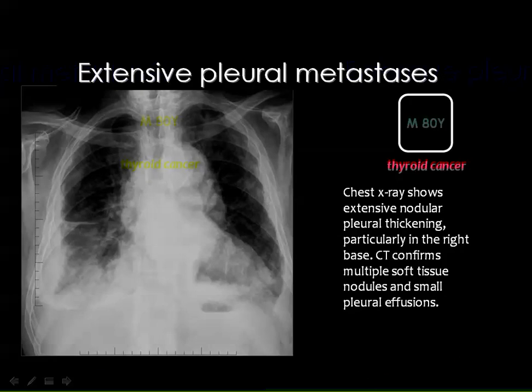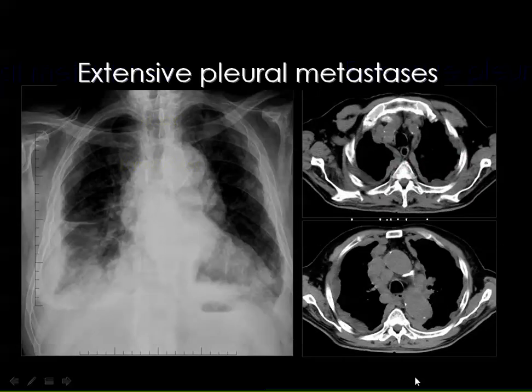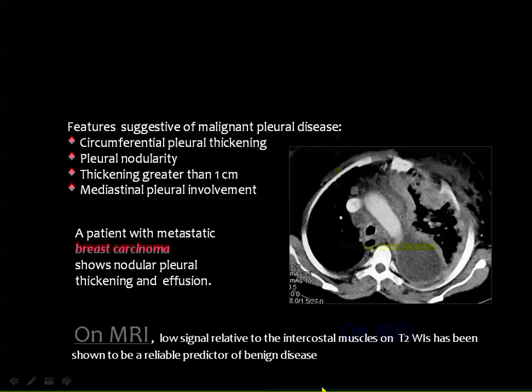Then you see here, this patient is 80 years old with known thyroid cancer. And if you look at the chest X-ray, you can see the nodular thickening of the pleura bilaterally and obliteration of the costophrenic angle due to the presence of pleural effusion. Then on the CT scan, you can see clearly the thickened pleura encasing the lung, nodular pleural thickening, which is bilateral here. And you remember that mesothelioma is usually a unilateral disease.